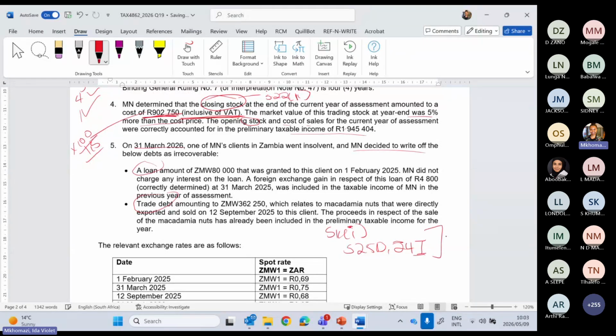So that's on the income tax side. We also have VAT that we need to consider in required A2. So for VAT, the section that you would consider that governs bad debts would be Section 22 of the VAT Act.